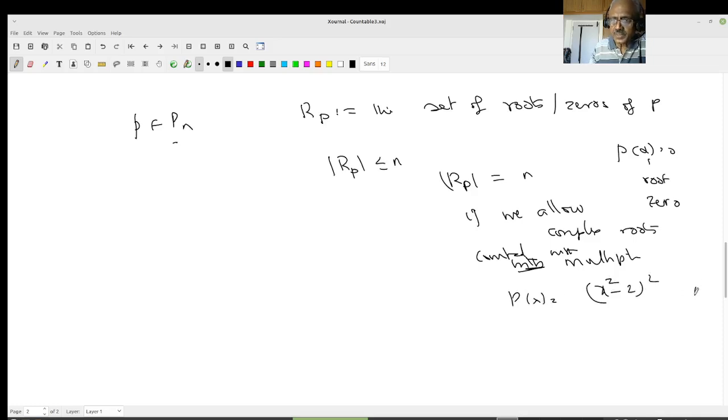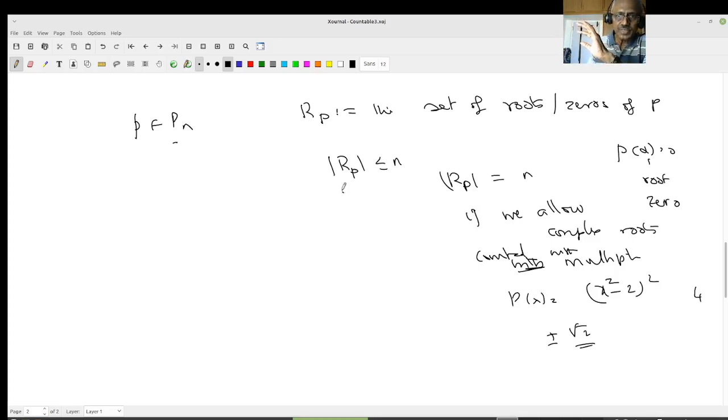Okay, this is of degree 4, right? But square root 2 and minus square root 2 are the roots, and this is a 4th degree polynomial, therefore square root 2 occurs with multiplicity 2, minus square root 2 also occurs with multiplicity 2, therefore it's 4. But if I look at the set of roots, then it is actually 2 only.